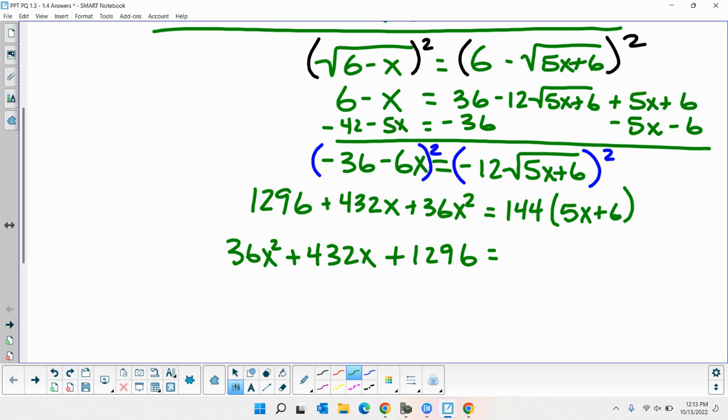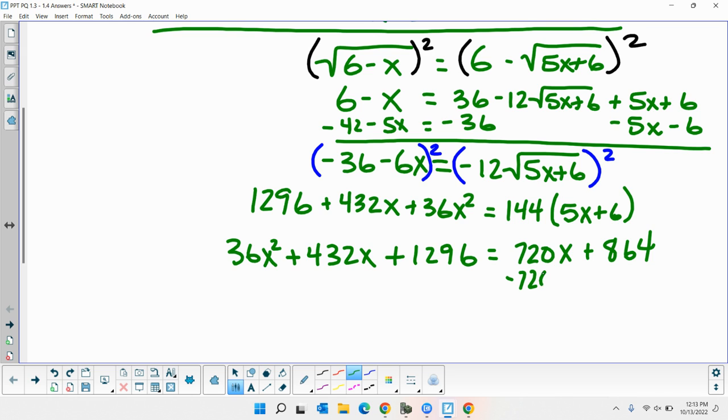What's 144 times 5, Cassidy? 720. And 144 times 6. 864. Thanks. Now, I got the x squared. You know, it's a quadratic, like the first 5 problems on this quiz. So I got to set it equal to 0.